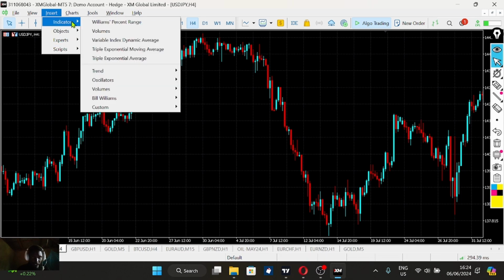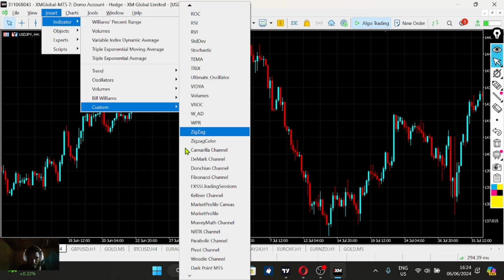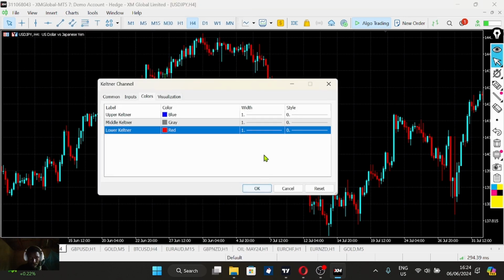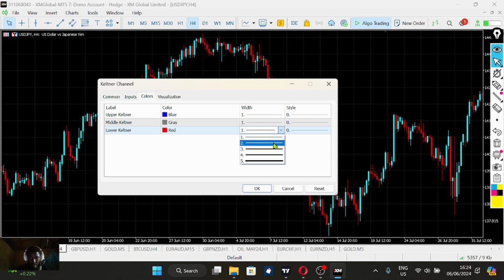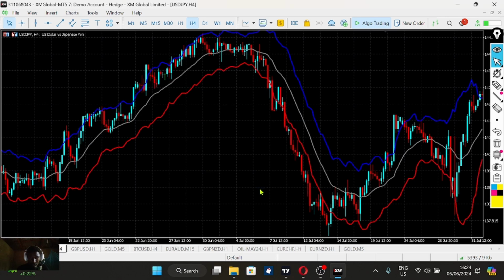Go to indicators, custom, then we shall be able to see the Keltner channels. Let's make them a little bit thick. Nice.